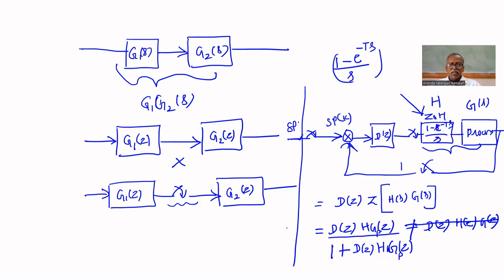What is the input? What is the output? The output is Y of Z, in the discrete domain.